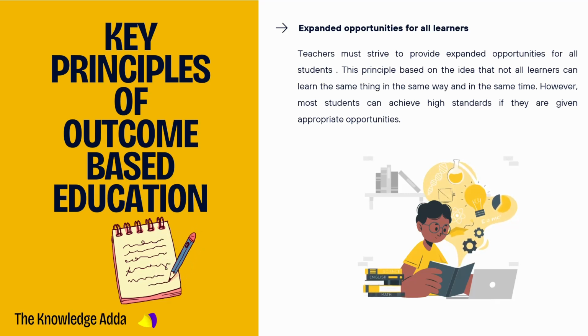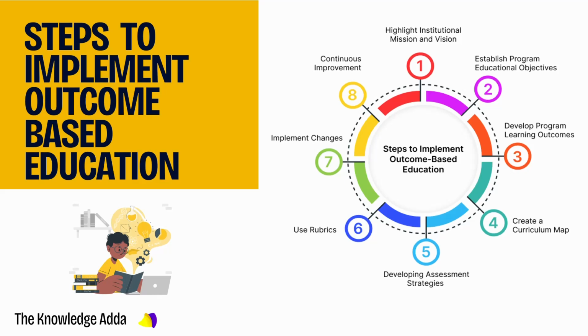So the teacher must identify which students are fast learners and which students are slow learners according to their abilities. Teachers can provide opportunities, also provide assignments, and also provide some tasks. So slow learners also can learn, and fast learners also will not be bored in the classroom. So this type of phenomena can help a student to improve their knowledge.